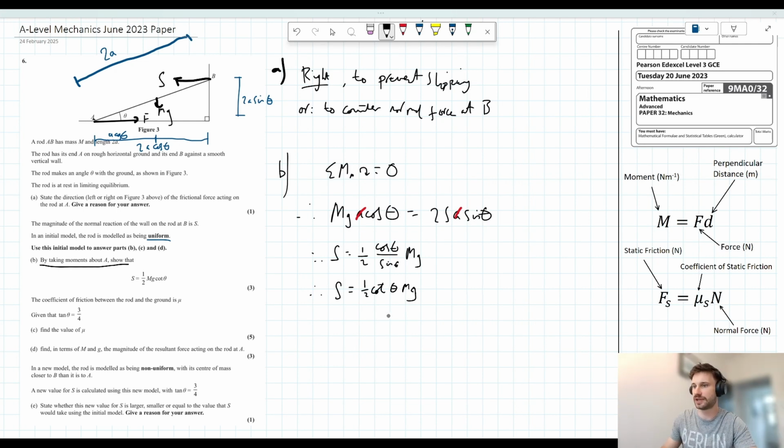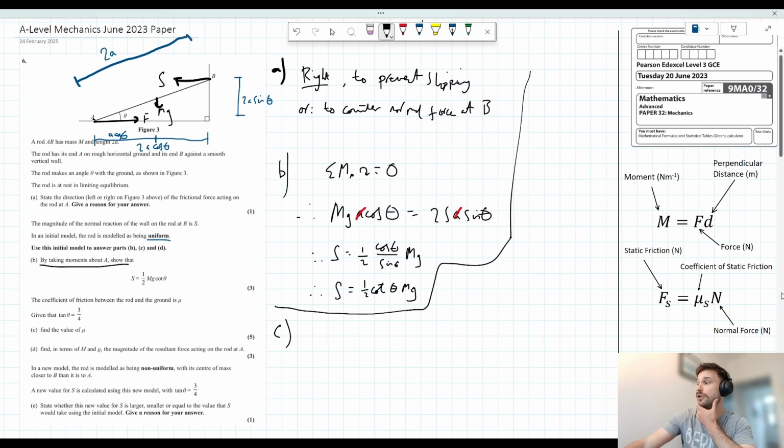Let's move on to part C then. Part C is asking us to determine the value of mu here, where mu can be taken as the coefficient of static friction, where static friction is the product of the coefficient of static friction and the normal force. So it looks like we need to add another force to our free body diagram, which is this.